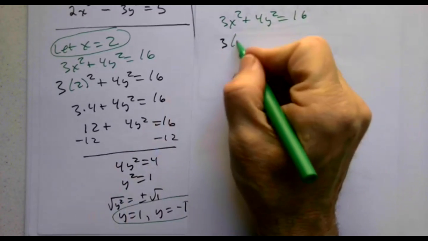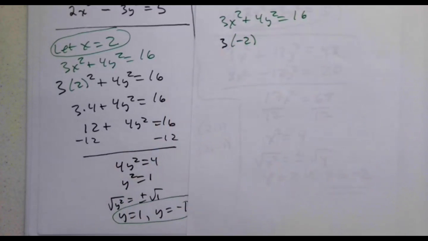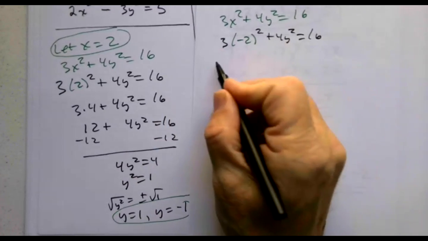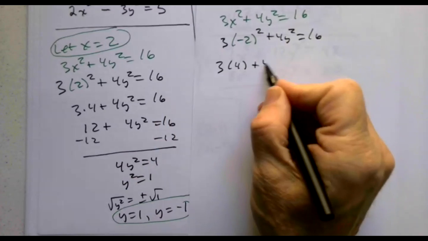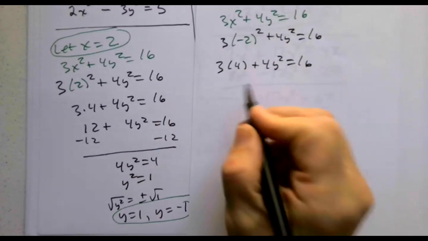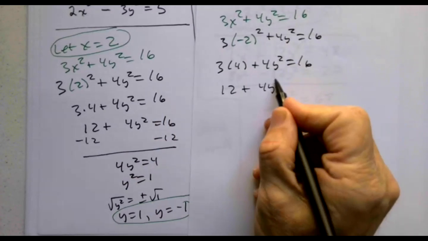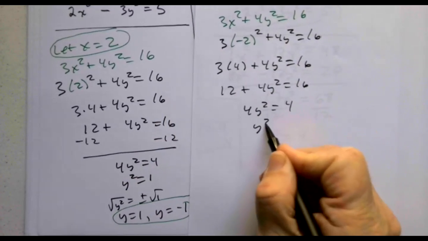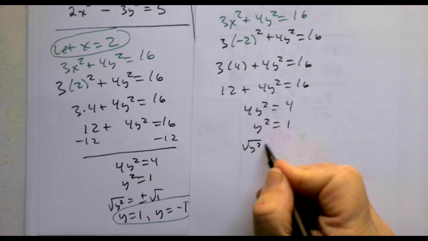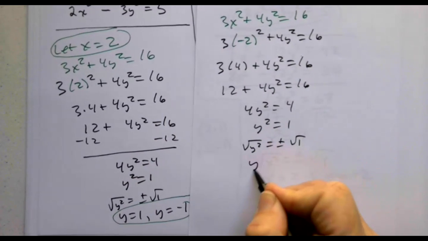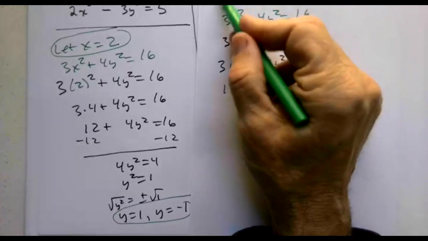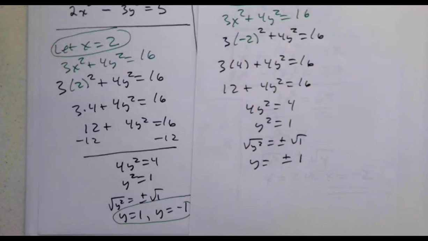So everything else will be exactly the same. 3 times negative 2 squared plus 4y squared is 16. 3 times 4 is 12, plus 4y squared is 16. 4y squared is 4. Y squared is 1. Square root of y squared is plus or minus square root of 1. So y is plus or minus 1. And that happened when x was negative 2. So when x is negative 2, y is either 1 or negative 1.